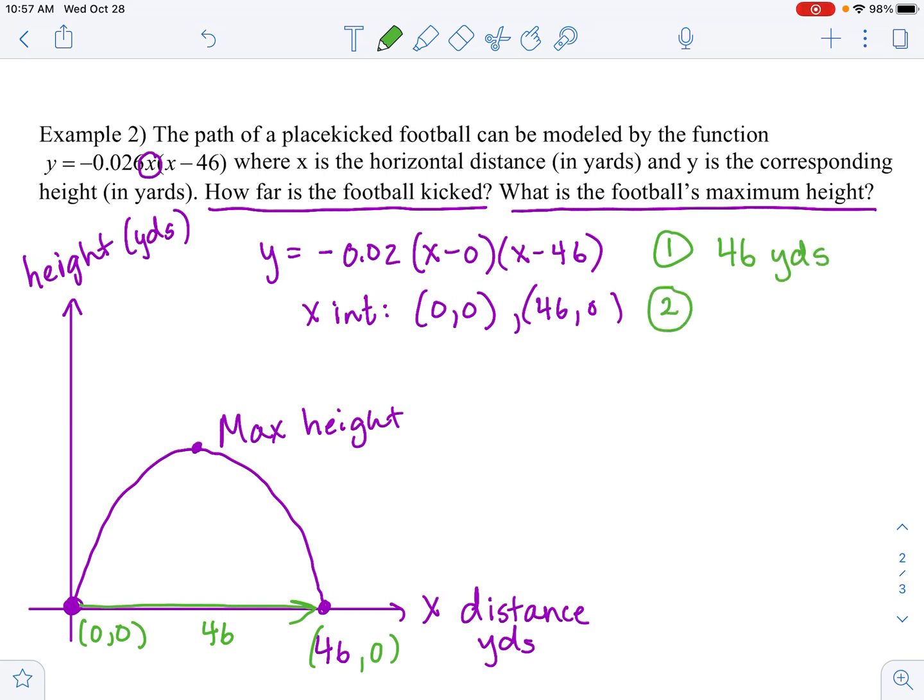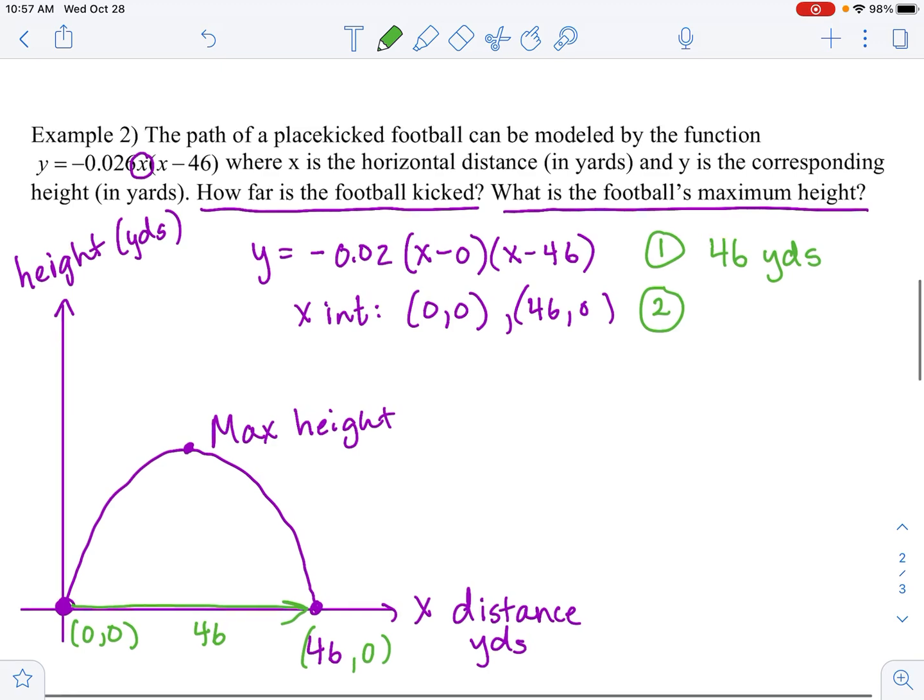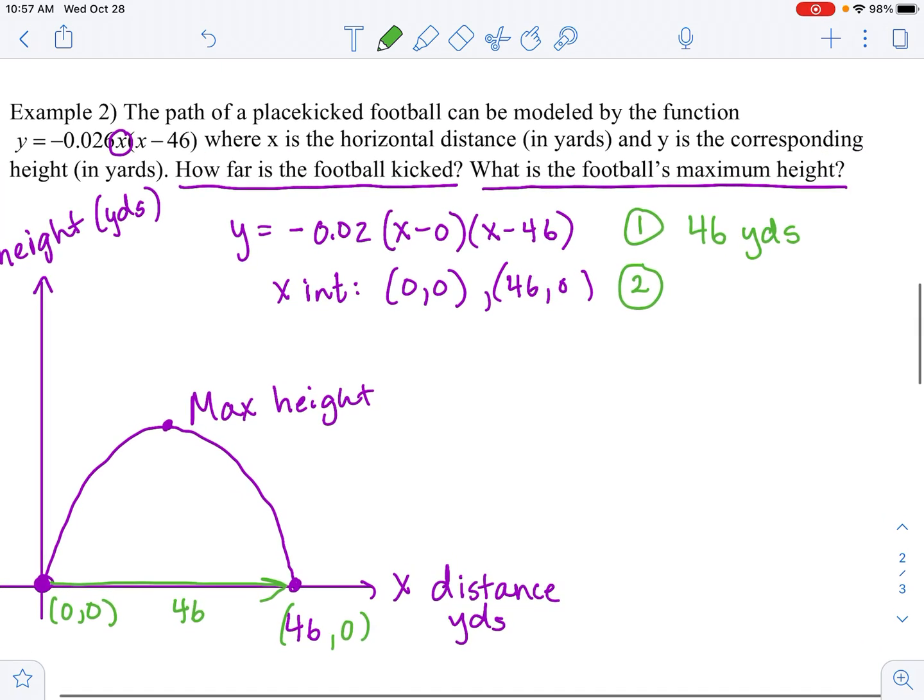For the second question, because we're given intercept form and we want to find the vertex, we are going to use the average of our intercepts, p plus q divided by 2, and then plug that back in. What is p and q?